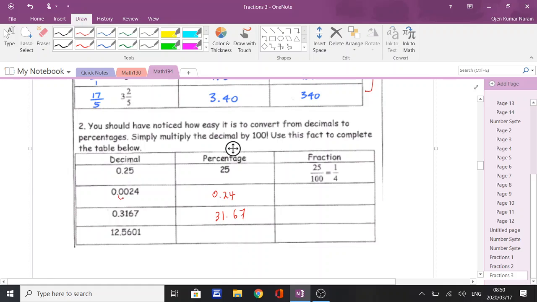To multiply by 100, you move your decimal 2 places that way. So that's 31.67, and this one 2 places, 1256.01. This fraction part you can complete yourself.